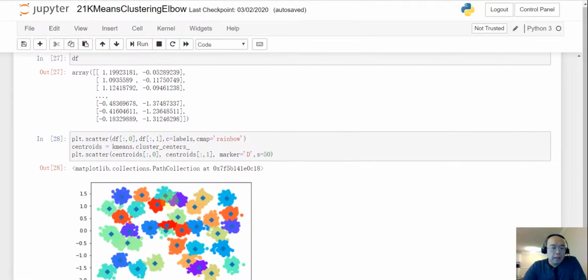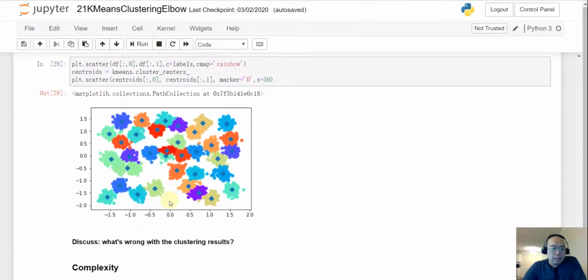After that, this is my result. I visualize the clusters with different colors, and I also visualize the centroids. In this result, do you see any problem? Take a look.